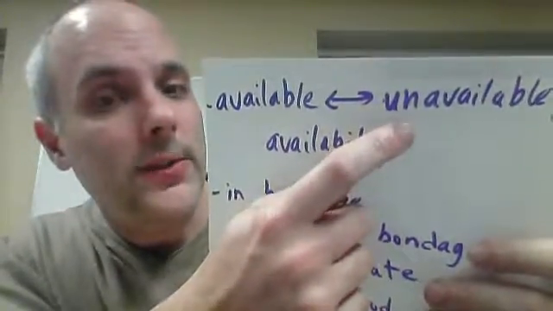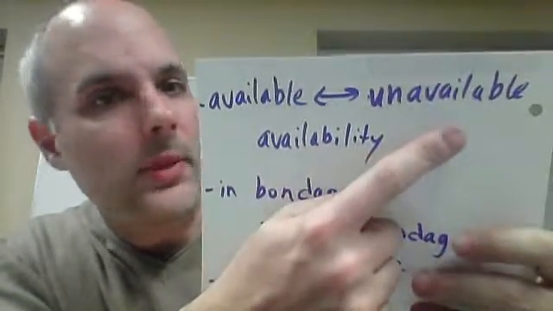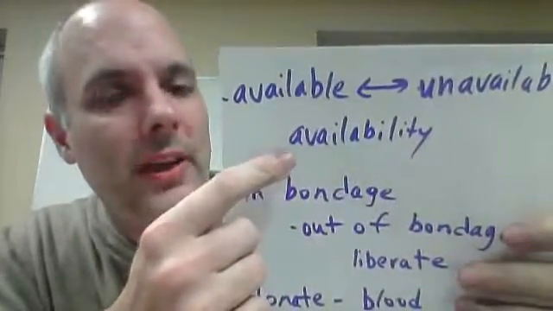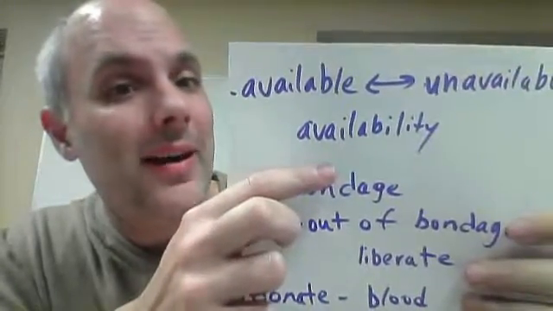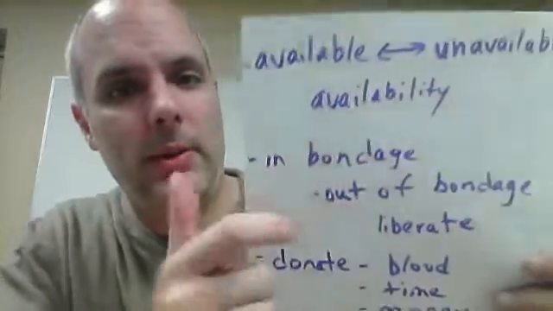So the banana milkshake is unavailable. It means you can't get it anymore. Now here we talk about availability. This is the noun. So the availability of the old phone. The availability of the banana milkshake ends on July 31st. So adjective, noun, the availability.